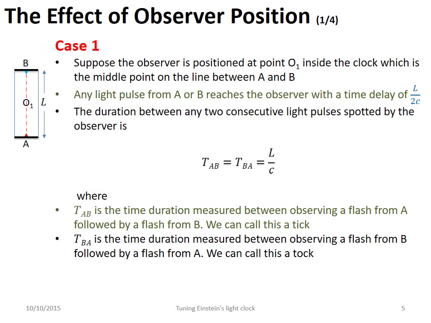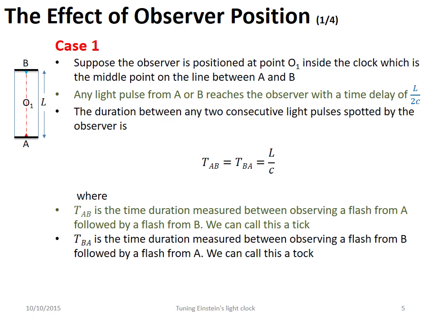The effect of observer position. Case 1. Suppose the observer is positioned at point O1 inside the clock, which is the middle point on the line between A and B, as it's shown in the figure. Any light pulse from A or B reaches the observer with a time delay of L divided by 2c.